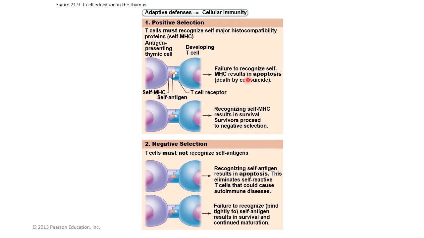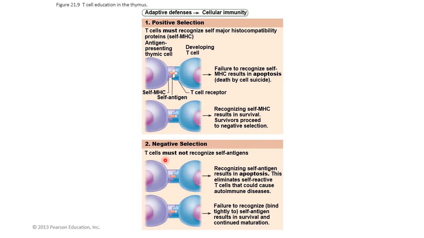They've got to get rid of these before they're released into the population. So in the thymus, before they're released, if this one's not doing its job and it's not able to recognize your self markers, they're destroyed before they're released. Here you can see they recognize the self MHC, and this results in survival. Now, they recognize the self marker and they move to the next test.